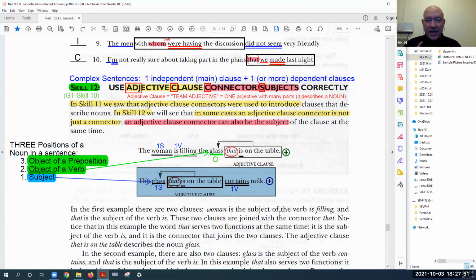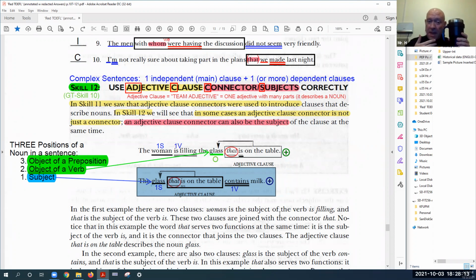I said that when you have a series of adjectives like big, black, ugly cup, those adjectives are in front of the noun, right?